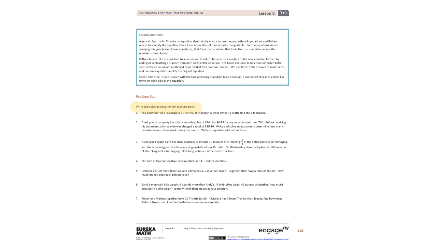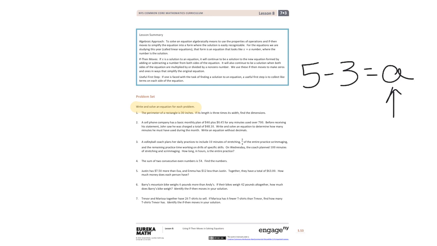Now, when we are setting up an equation, one of the biggest things your teachers will ask as you go forward in math is that we're not going to have the variable by itself. What I mean by that is we're not going to set up an equation, for example, that says 5 minus 3 equals A. In doing that, the variable is all by itself as the solution. So we're not going to set it up that way.